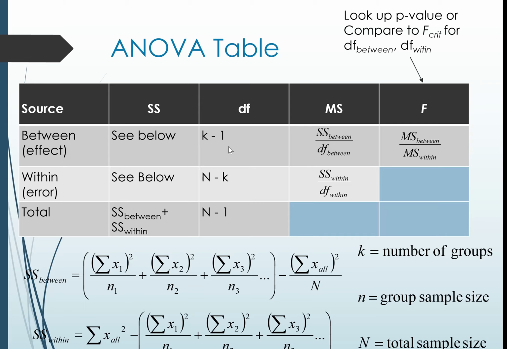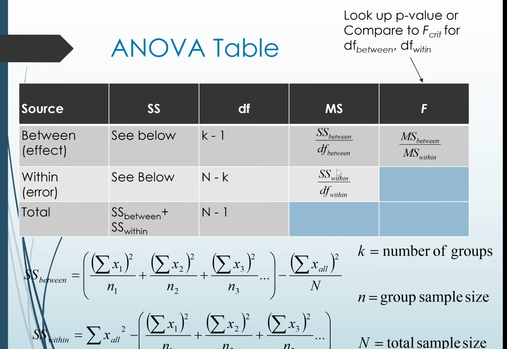The degrees of freedom for the numerator or between or effect is the number of groups minus 1. So if there are 3 groups, then we subtract 1, and our degrees of freedom here is 2. For error, the degrees of freedom is the total sample size minus the number of groups. So if we had 100 people in our study and there were 3 groups, then the degrees of freedom within would be 97.